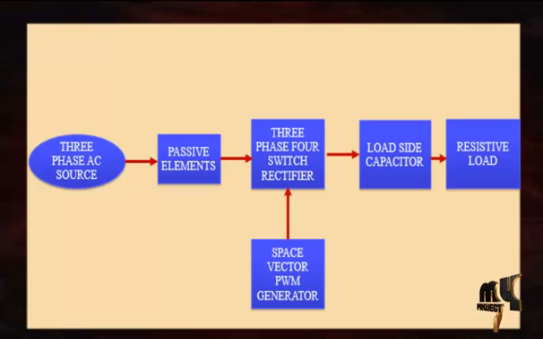It regulates the input power factor to unity, stabilizes the DC link voltage, and also reduces the filtering capacitor size. Generally, the space vector pulse width modulation has been proposed as a switching scheme for these converters.